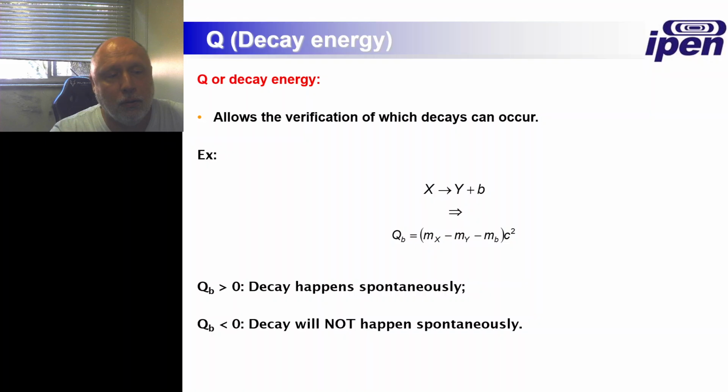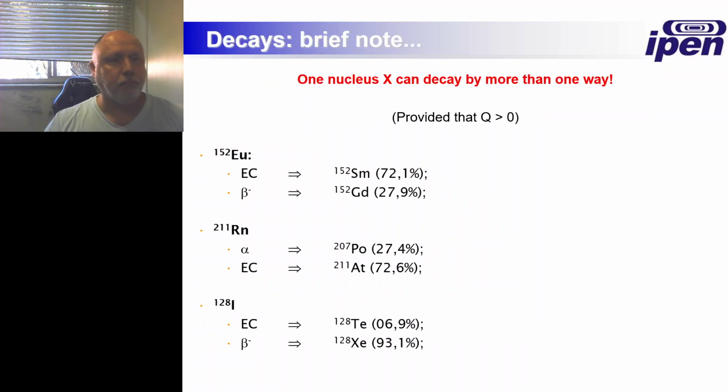But that's the thing. We can say if a decay can or cannot happen by analyzing the energy balance, right? These are things that we've shown before, but it's important to get across. One nucleus can decay by more than one way, provided that it always has a positive Q, right?